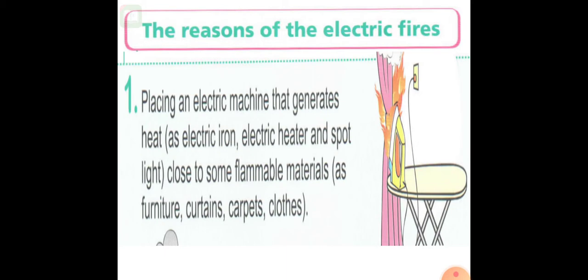What are the reasons of the electric fires? Number 1, placing an electric machine that generates heat, such as an electric iron, electric heater, and spotlight, close to some flammable materials, such as furniture, curtains, carpets, clothes. Flammable means that they may be burned or fired quickly.